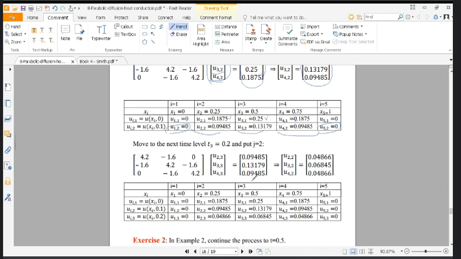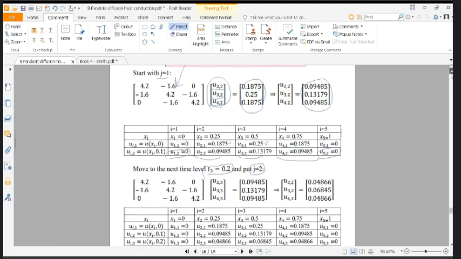Move to the next time level, t3 equals 0.2, and we should put j equal 2. But again, this matrix is constant, it is fixed and doesn't change. The unknown values change because we are going to t3, and the index of j is 3 for the unknown values.